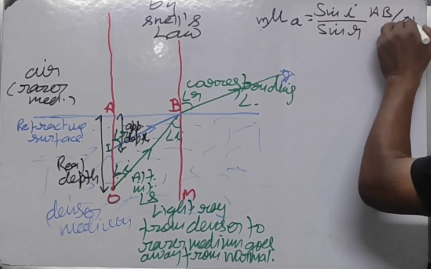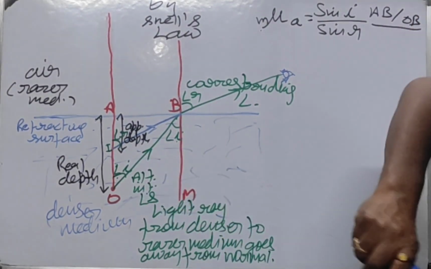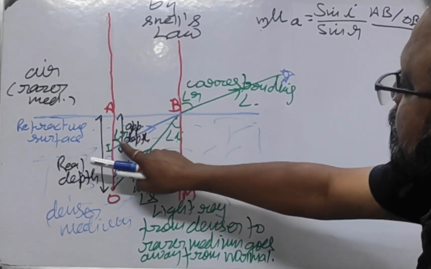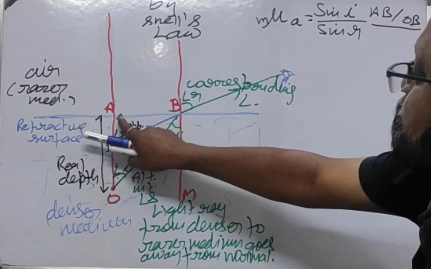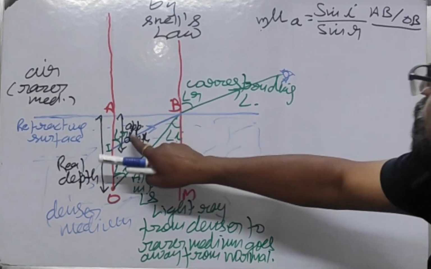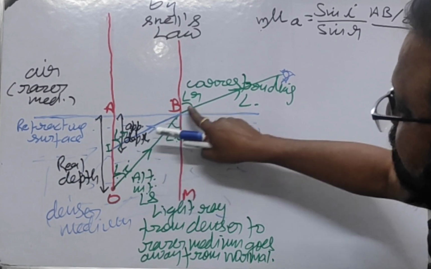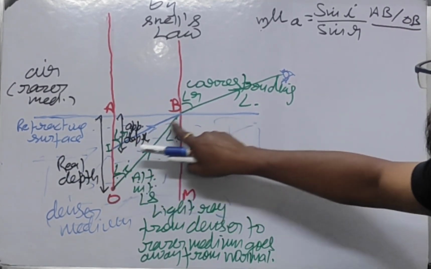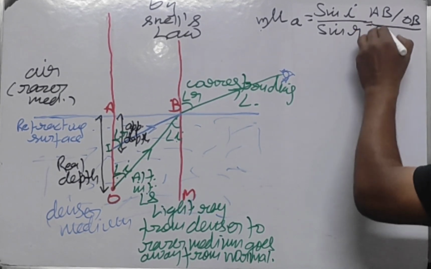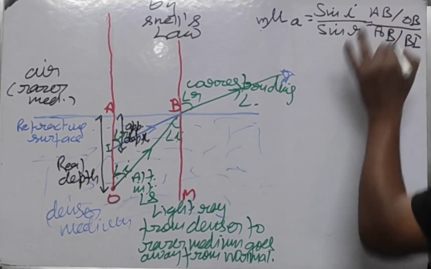And sin R, if we talk about sin R, this is the angle, this is perpendicular, this is hypotenuse, so it means AB upon BI.